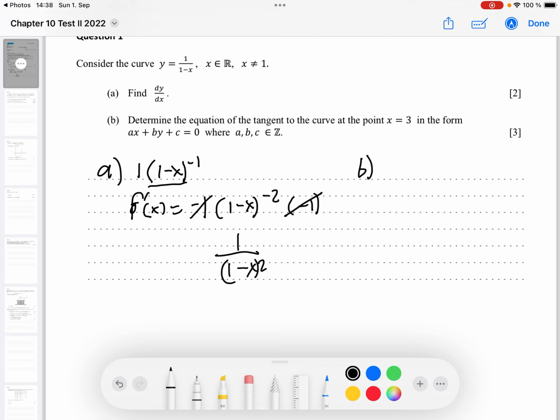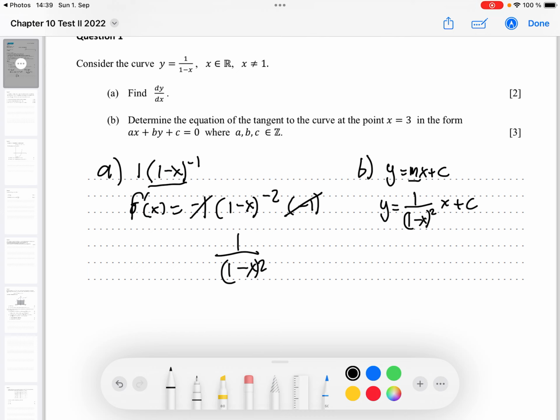So part B says determine the equation of the tangent to the curve at the point x equals 3 in the form ax plus by plus c equals 0. So we know that in the form y equals mx plus c, m is our gradient, and in this case our gradient is our derivative, so y would be equal to 1 over (1 minus x) squared, times x, plus c.